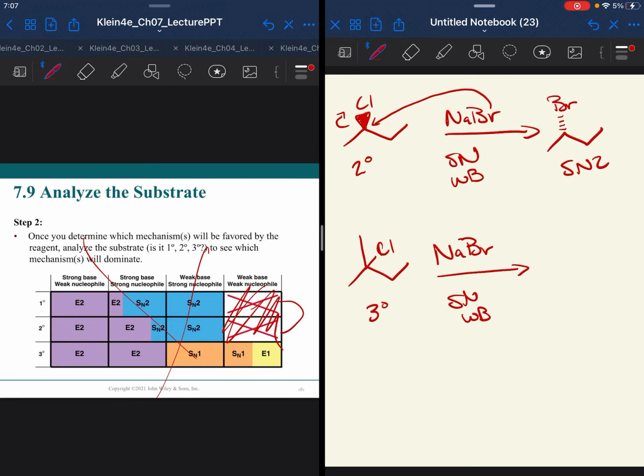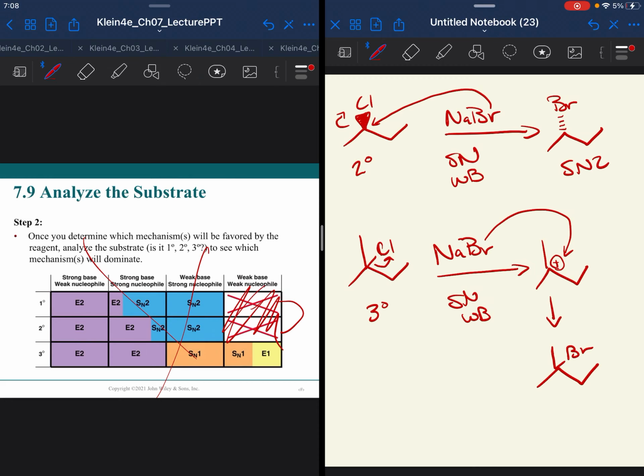But the bromine can't attack the tertiary alkyl halide. It's too sterically hindered. So you are going to lose the leaving group first. And then you are going to make that flat carbocation that now the bromine can attack. So it happens in a stepwise mechanism because there aren't any exceptions to the SN2 on a tertiary alkyl halide.